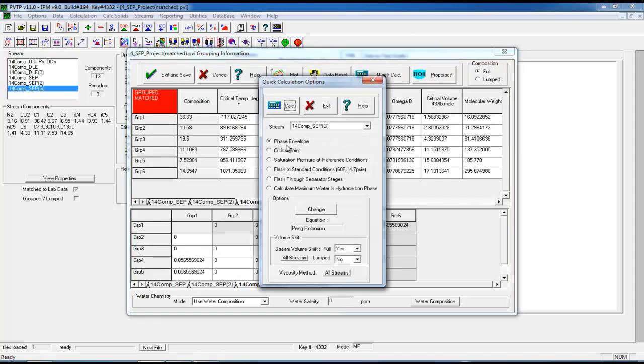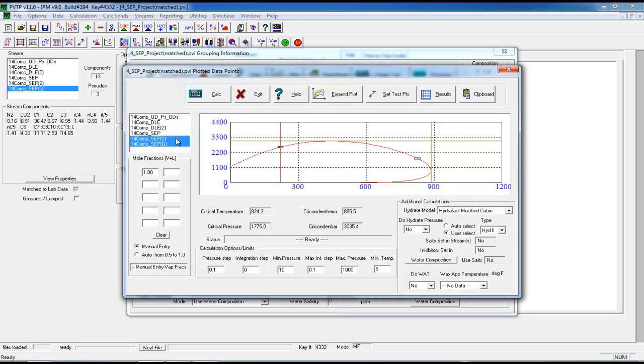You will see now, in this way, we could lump the components without changing the phase plot. Before, I just tried something a bit, and the phase envelope shifted without any basis.